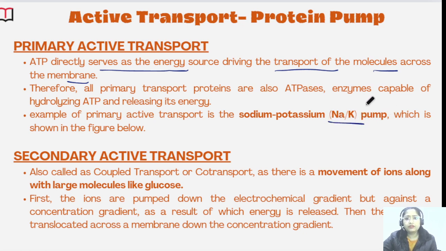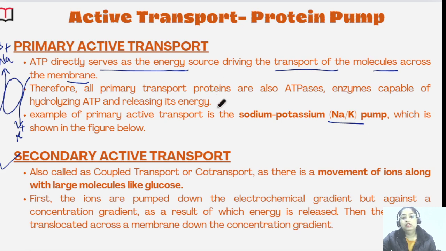Now, in the secondary active transport, ATP is not directly used. Secondary active transport occurs after the primary active transport only, and it uses the energy produced in the primary active transport. Let me draw this. So this is the pump. Three sodium ions are moving in this direction, and then one potassium ion is going to move in the opposite direction.